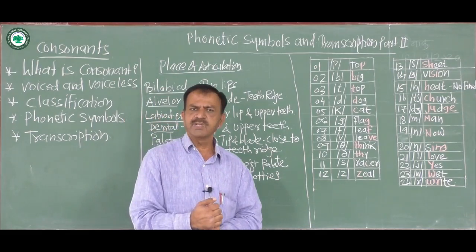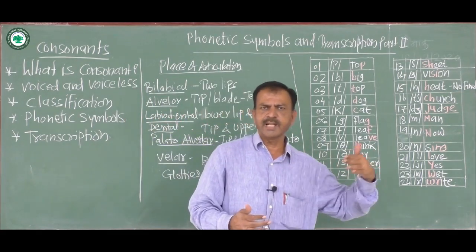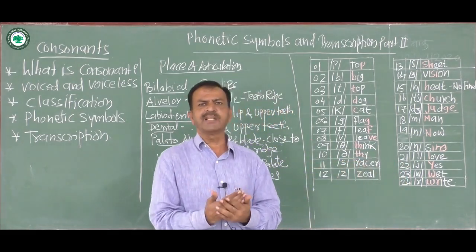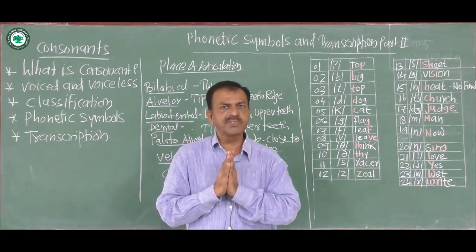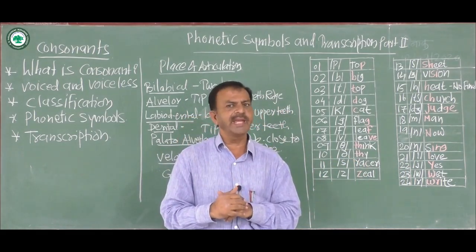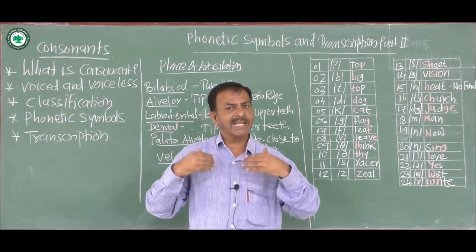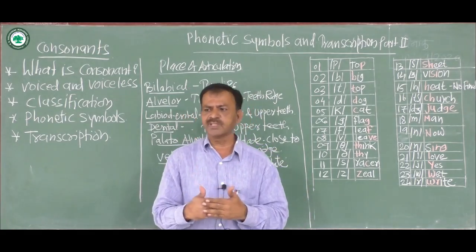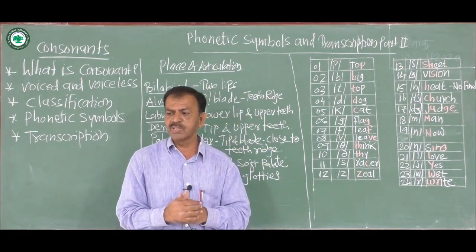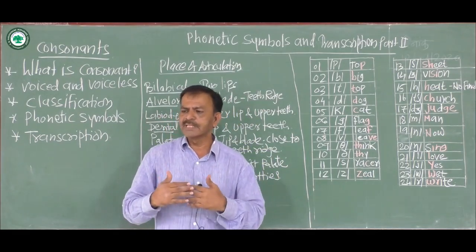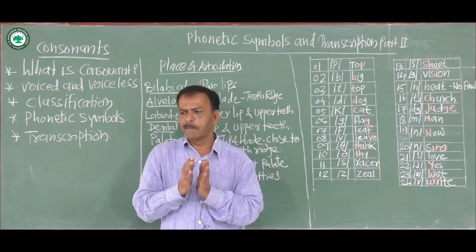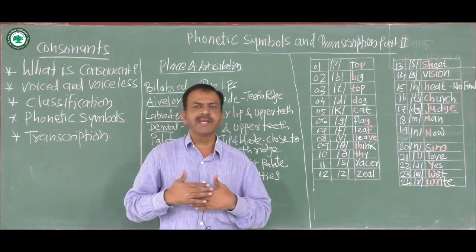Now, what is a consonant? As in the last video we defined vowel, in the production of a vowel sound there is no obstacle or blockage to the air passage. But in the production of consonants, we have to study the articulation of the consonant sounds. When we produce a sound, there is either complete closure or partial closure to the air passage.